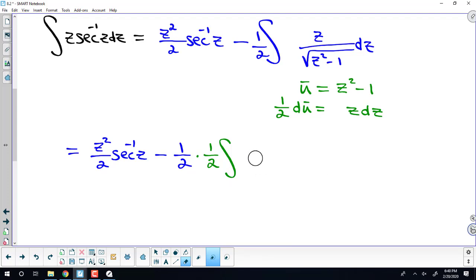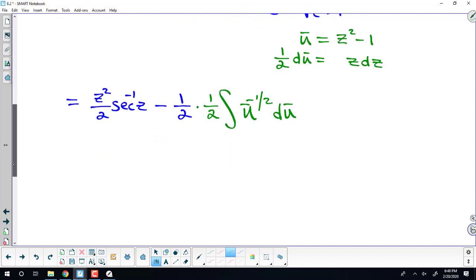Sorry, du, not dz. Everybody okay with that? So then we need to figure out what this is, resubstitute our expression for z, then evaluate from our bounds.